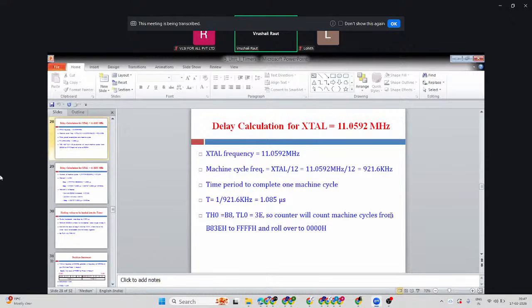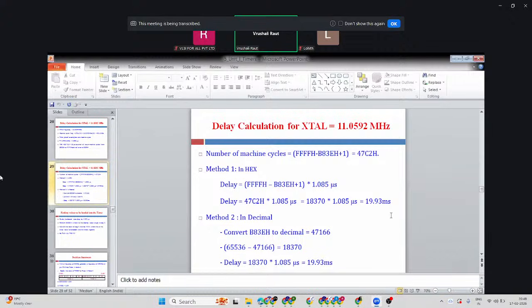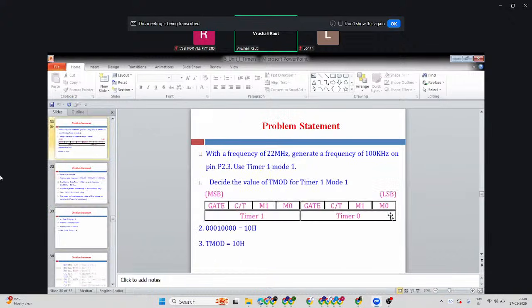You have to keep in mind that our external frequency is 11.0592, the machine cycle frequency is 921.6 kilohertz, and one machine cycle time is 1.085 microsecond. We have to use it. Now I am going for one problem with a frequency of 22 megahertz.